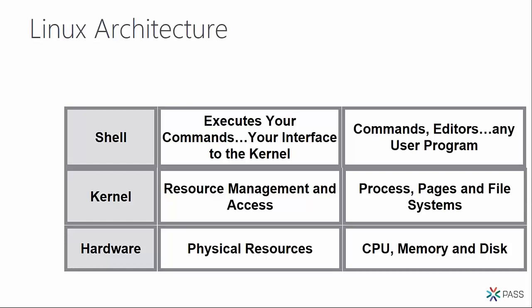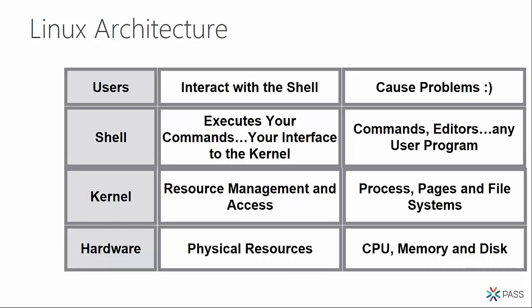It's going to pass control over the system call interface into the kernel, and the kernel is going to go do that thing, right? It's going to allocate a process, allocate a page, or read or write a data file. So that's how that works. If I'm a user sitting at the shell, I interact with the shell, which interacts with the program, which interacts with the kernel via the system call interface, and the kernel interacts with the hardware. That's the pipeline of information going from top to bottom.